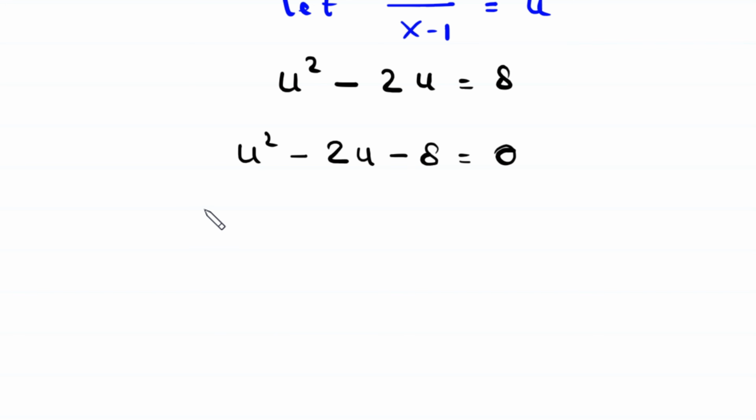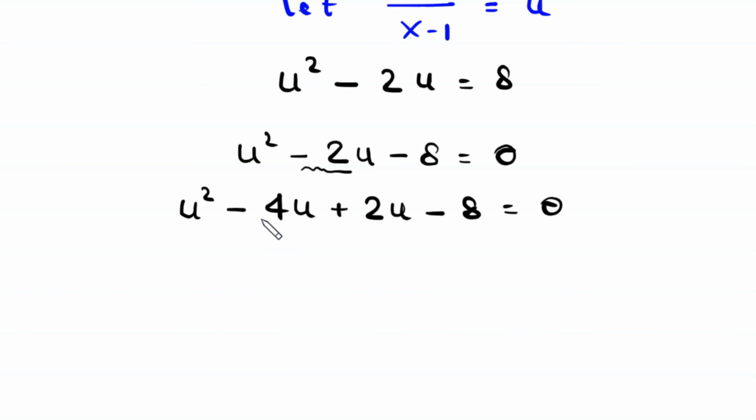We write this equation as u squared, breaking negative 2u into two terms: negative 4 times u plus 2 times u minus 8 equal to 0.